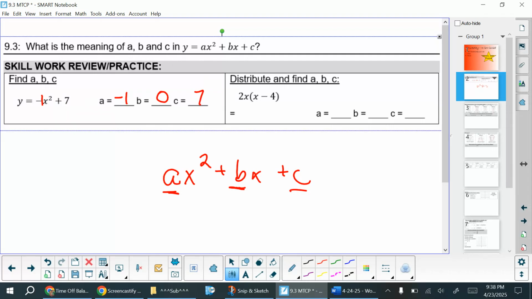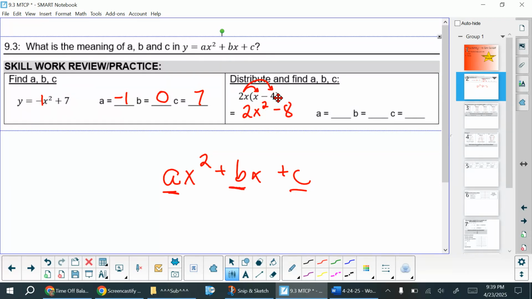On this second example, we have to distribute first. So if I take 2x times x, 2 times the hidden 1 is 2, and x times x is always x squared. And then I'm taking 2x times negative 4. 2 times negative 4 is negative 8.